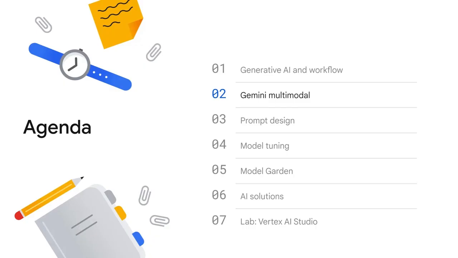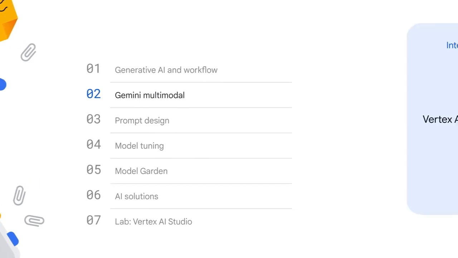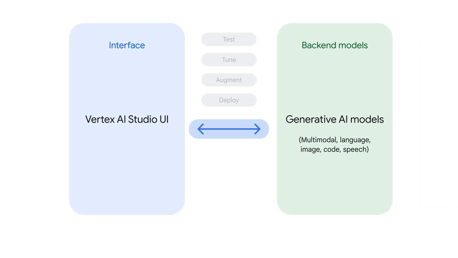Let's explore Gemini Multimodal, one of the latest foundation models trained by Google. In the previous lesson, you walked through the Gen AI workflow, where Vertex AI Studio provides an intuitive interface between developers and the foundation models.